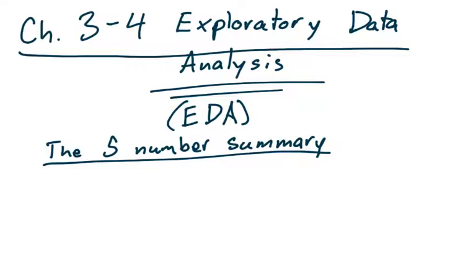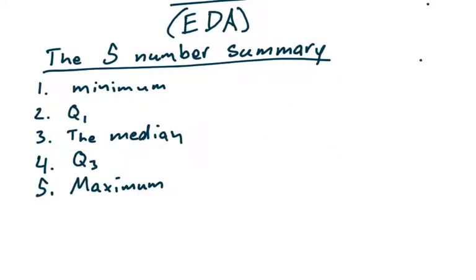So one of the quickest ways to capture pretty much all of the information that we're going to be concerned with in EDA is what we call the 5-number summary. The 5 numbers that make up the so-called 5-number summary are as follows. Number 1, the minimum. Sometimes I denote this by lowercase m for minimum.